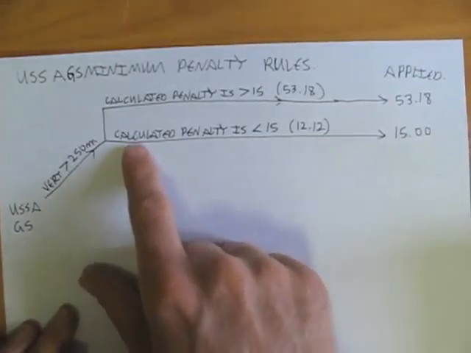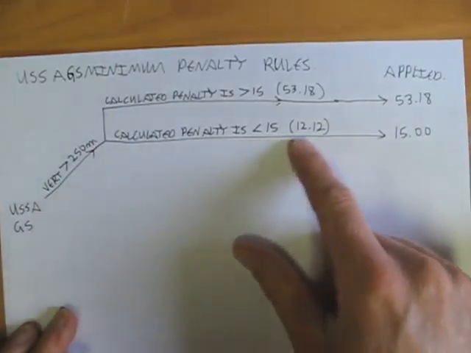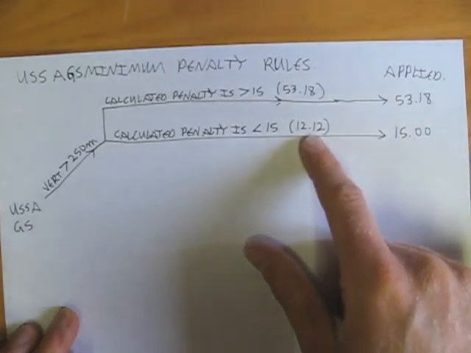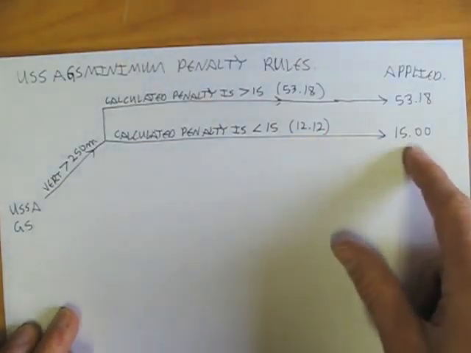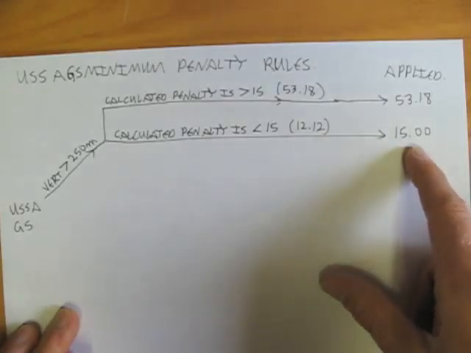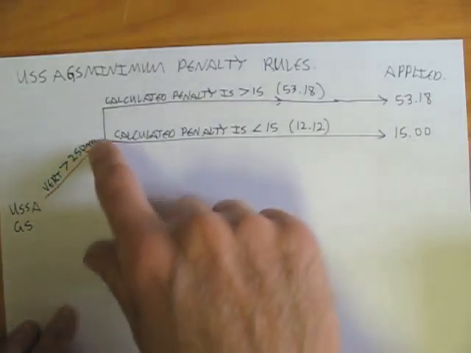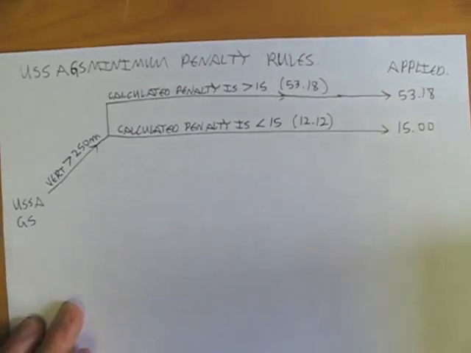Your calculated penalty is less than 15, say for an example 12.12. So your applied penalty is the minimum, which is 15. That's if you're over 250 meters.